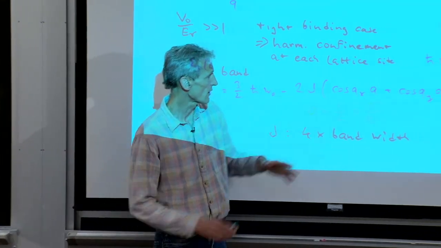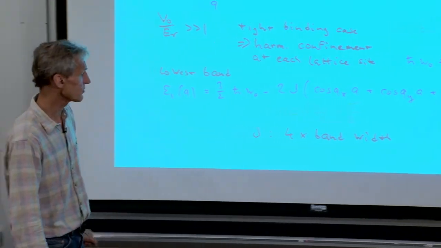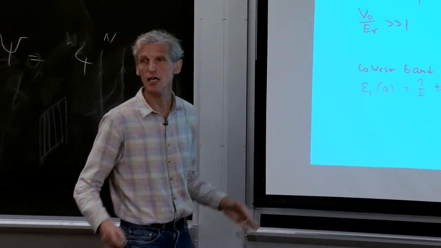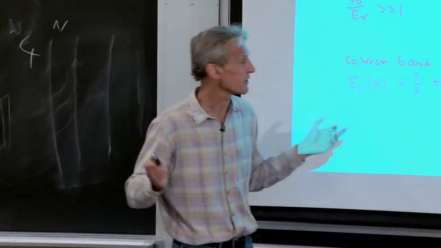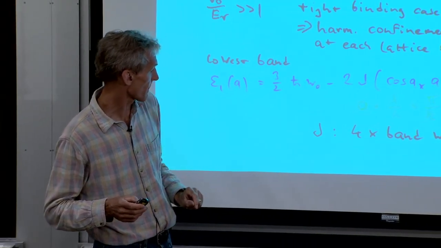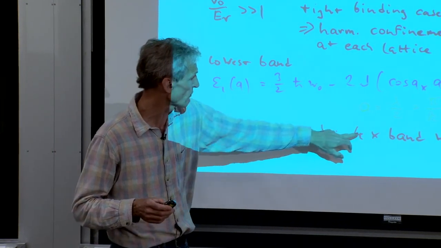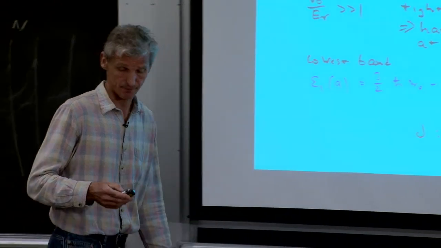And then we have a cosinusoidal band structure where q is the quasi-momentum. And what appears here as the only interesting parameter is J, and J is, I think this 4 should be 4J is the bandwidth.